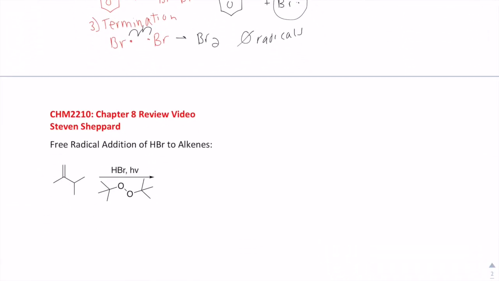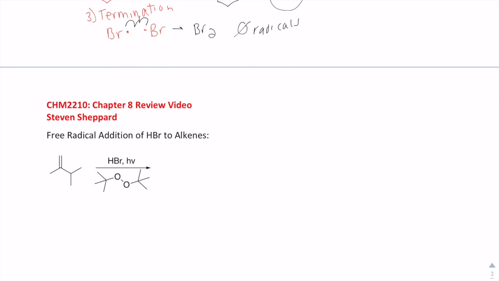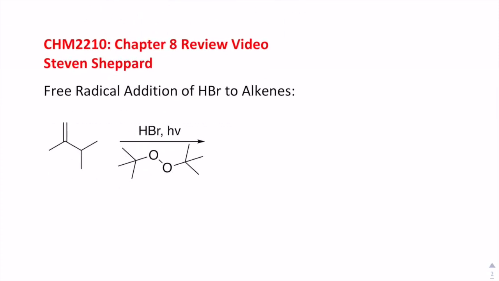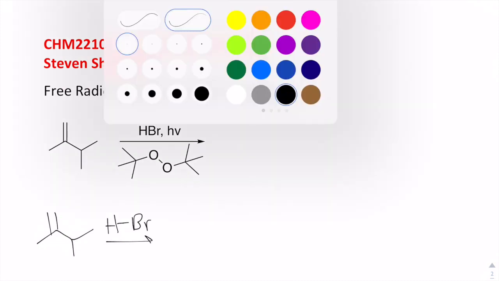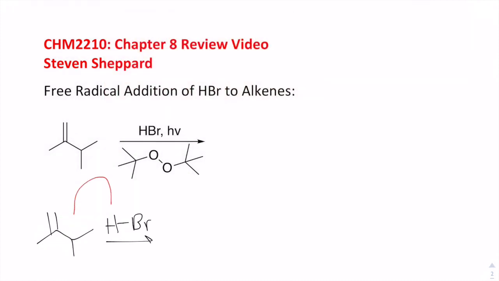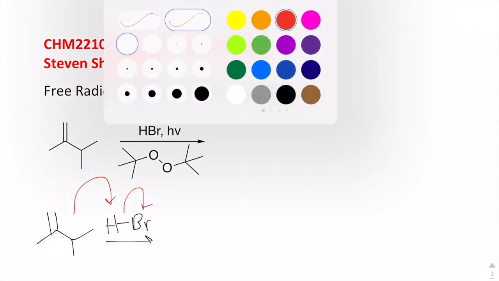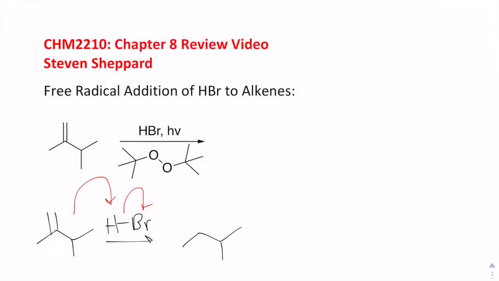Okay, so the next reaction is the free radical addition of HBr to alkenes. I did want to bring back this point. If I took that same starting material and subjected it to HBr, that was like the first reaction we learned in organic chemistry, where that pi bond acted as a nucleophile, grabbed that proton, and formed the bromide anion. The result of that would have been this tertiary carbocation.